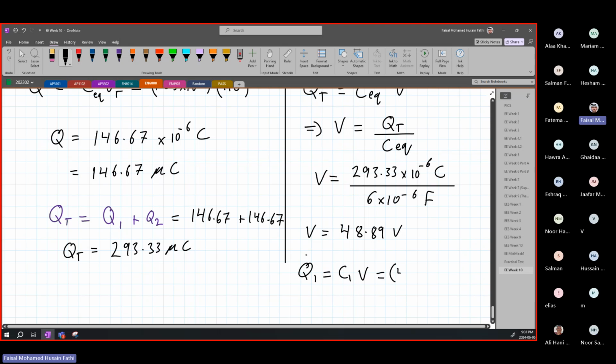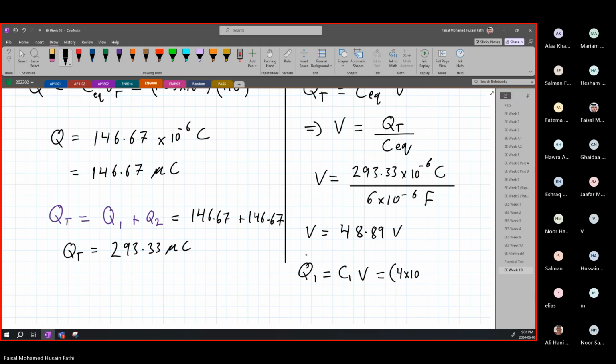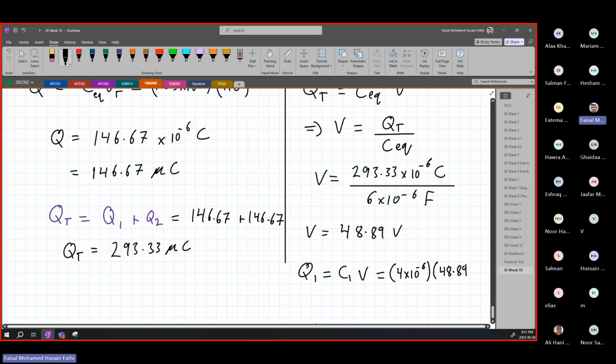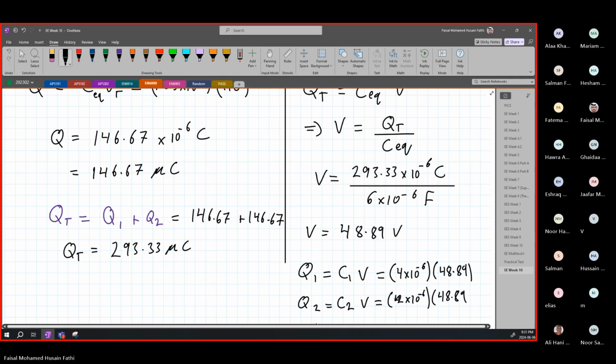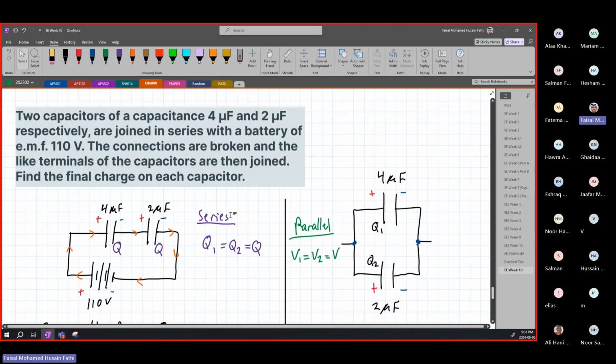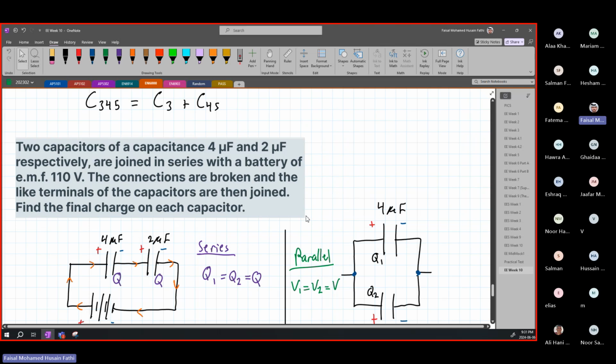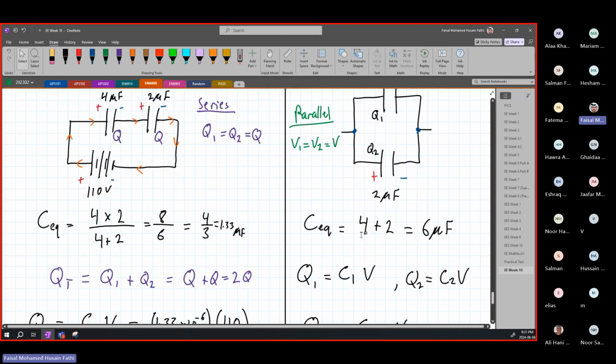Capacitor 1 is 4 times 10 to the minus 6 times the voltage that we have found, which is 48.89, and Q2 is equal to C2 times V, which is equal to 2 times 10 to the negative 6 times 48.89. And we have found what the question wanted, which is the final charge on each capacitor. Any questions about this?